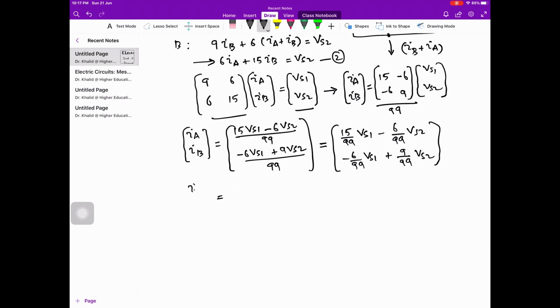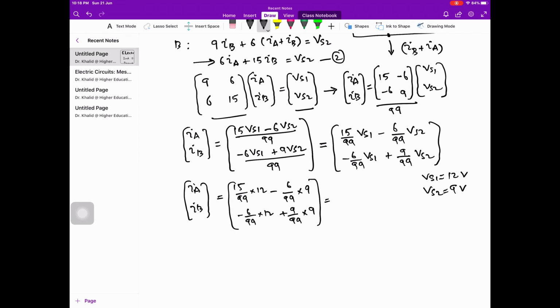Now IA and IB, considering VS1 is equal to 12 volts and VS2 is equal to 9 volts, this is then 15 divided by 99 multiplied by 12 minus 6 divided by 99 multiplied by 9, and this is minus 6 over 99 VS1 plus 9 over 99 multiplied by VS2, and we see that the values are 1.2727 and 0.0909.